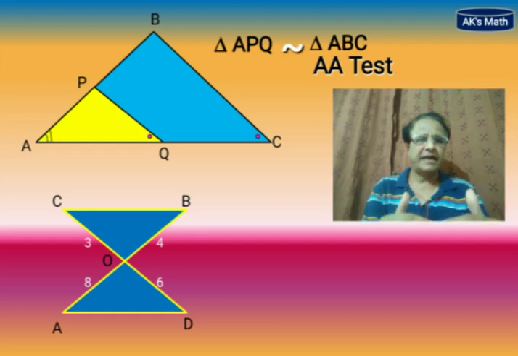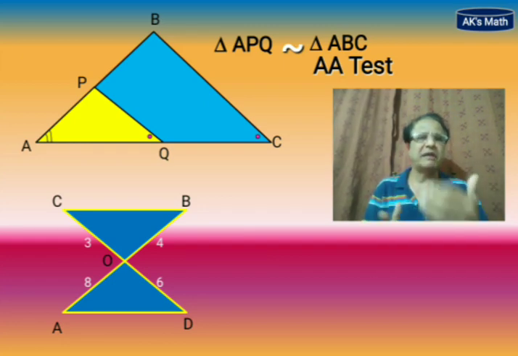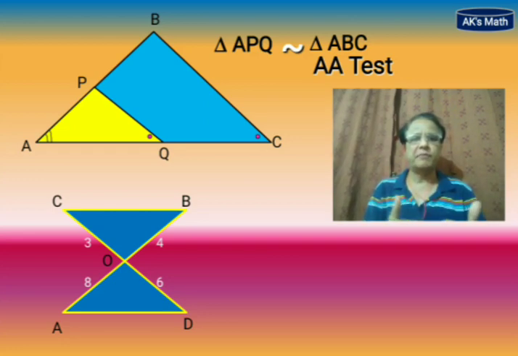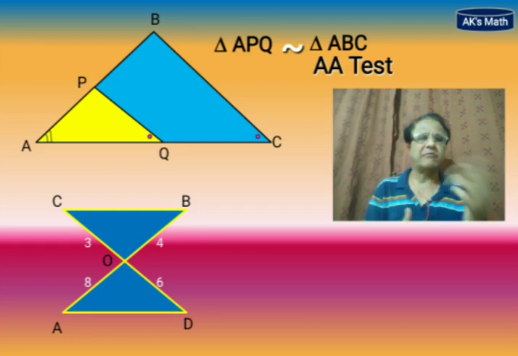Means the sides of the lower triangle are double the corresponding sides of the upper triangle. So we can write AO upon OB is equal to 8/4, which is 2/1. DO upon CO is also equal to 2/1.